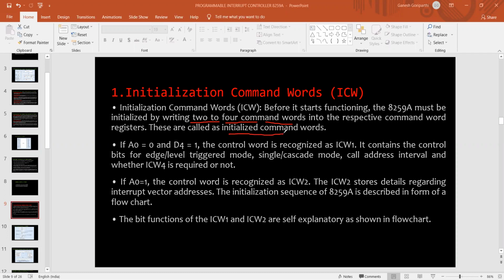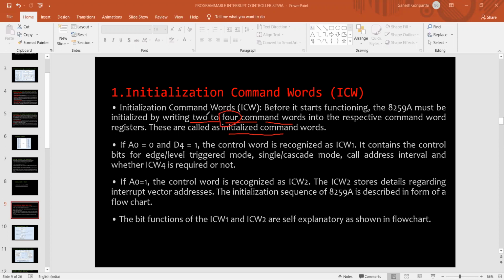From this paragraph, we need to understand that the maximum number of initialization command words that can be written for the 8259 is 4.